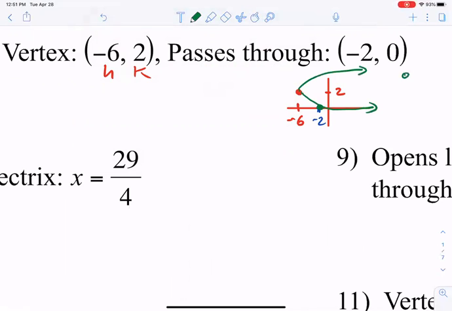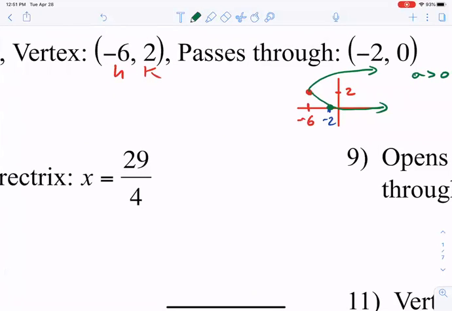That means that a has to be greater than 0. So it's positive, right? And the graph is horizontal. That implies that we need the equation with the y to the second power, right? So we need to write the vertex equation, which is x equals a, y minus k squared plus h.